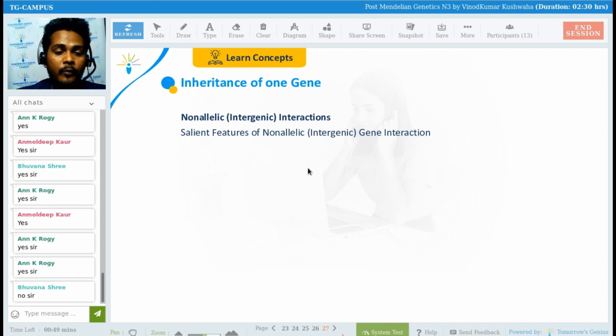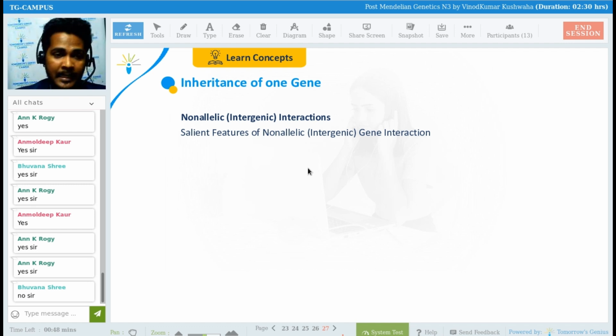As I said at the start of the lecture, in these interactions the genes are present on different chromosomes and produce a changed phenotypic effect. For example, epistasis gene, duplicate gene, complementary gene, and supplementary gene. All these are intergenic interactions, right?